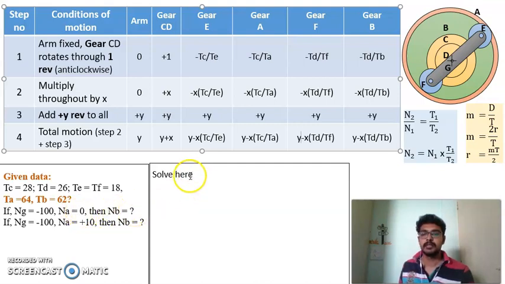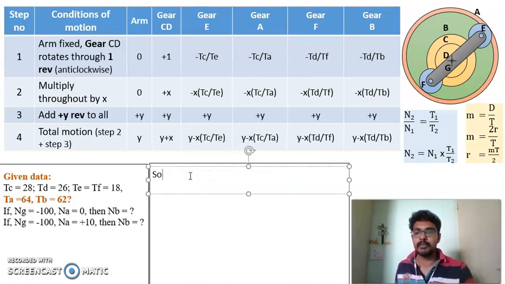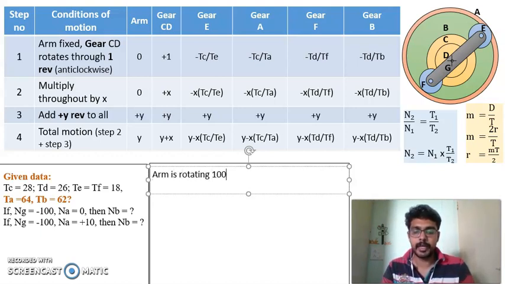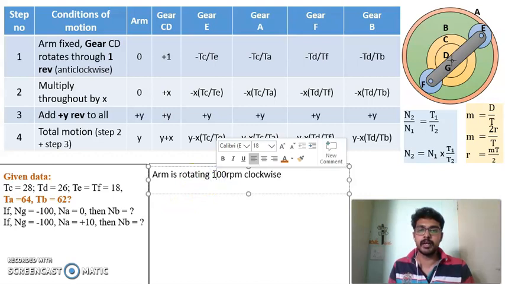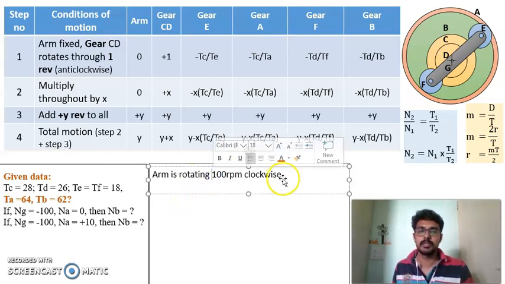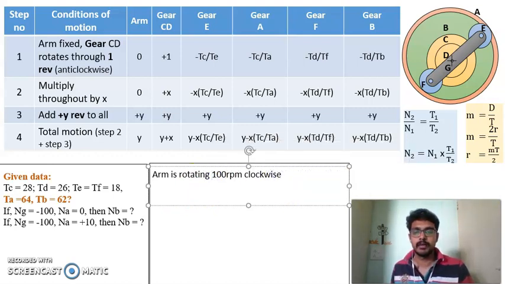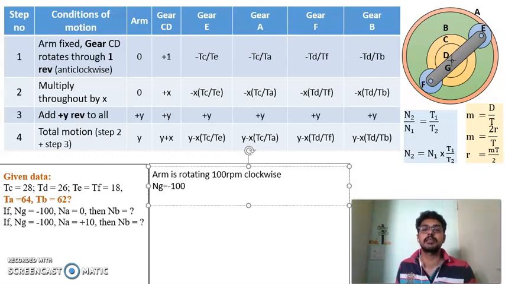So here the first thing that they have given to us is that the arm is rotating 100 rpm clockwise. Arm is rotating with a speed of 100 rpm clockwise. So this will simply mean the speed of arm, which is nothing but ng, is equal to minus 100 because it is rotating in the clockwise sense.